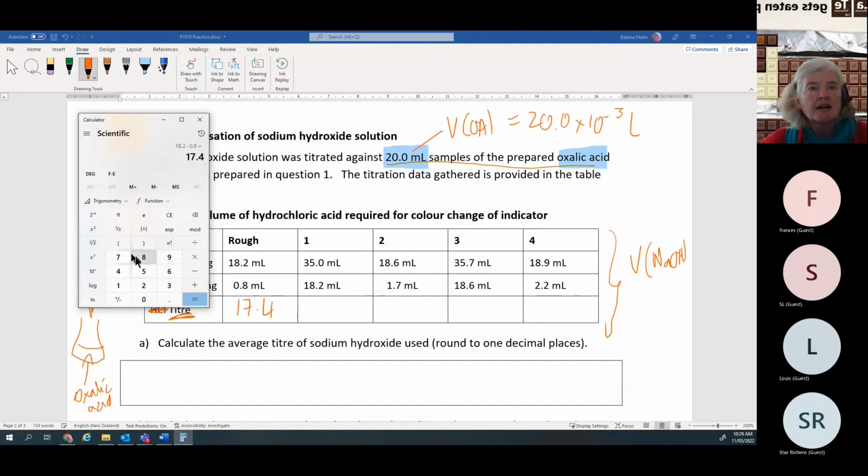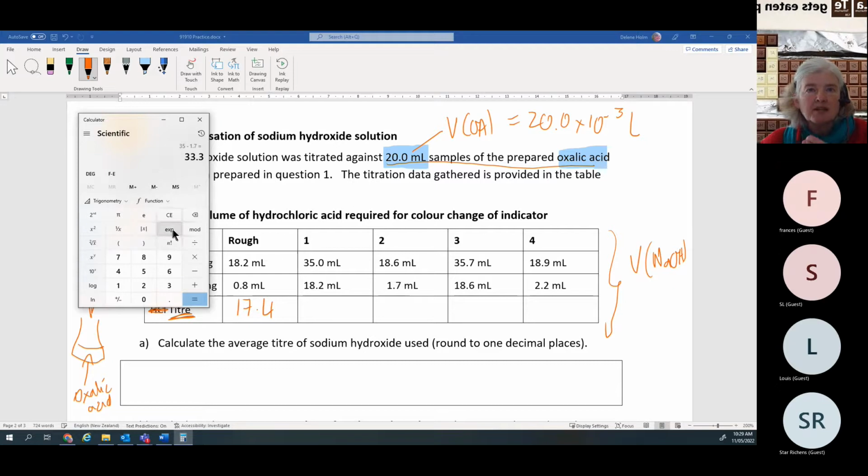Then the next one, now we're doing our accurate titrations. So we've got 35. I'm not going to bother putting in the zeros simply because the calculator doesn't care. Subtract 1.7. You see, I made a mistake, very easy to do. My brain immediately said, I can't have a rough at 17 and my first result at 33, so I had misread that value.